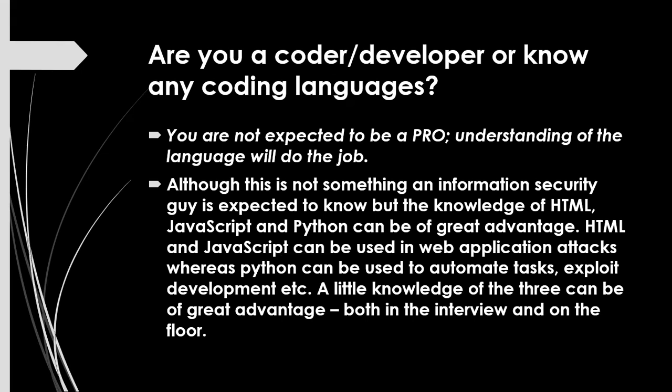HTML and JavaScript can be used in web application attacks, whereas Python can be used to automate tasks, exploit development, etc. A little knowledge of the three can be a great advantage both in the interview and on the floor.